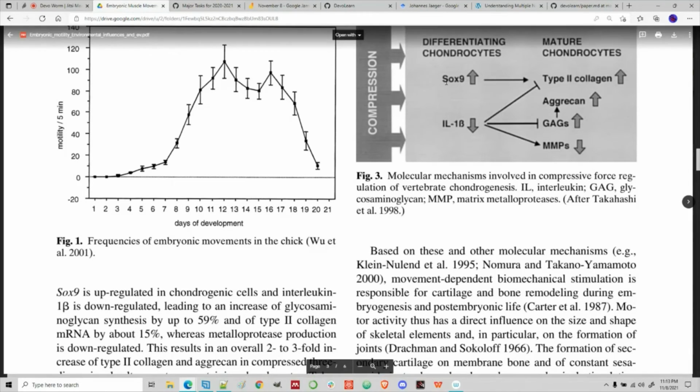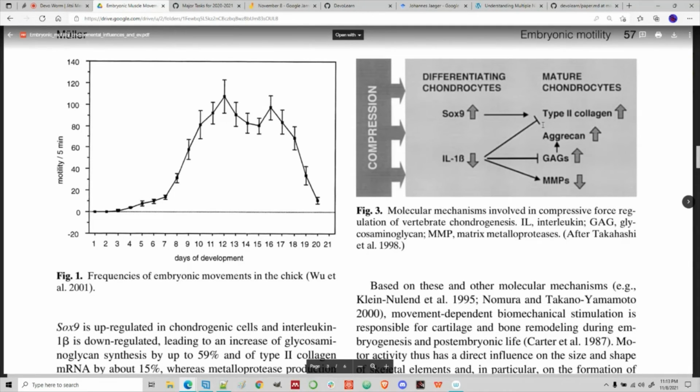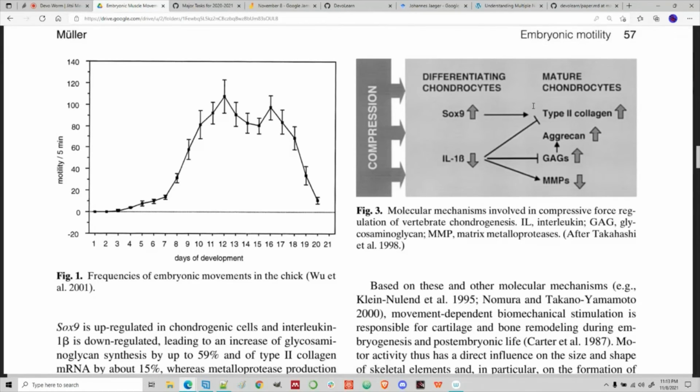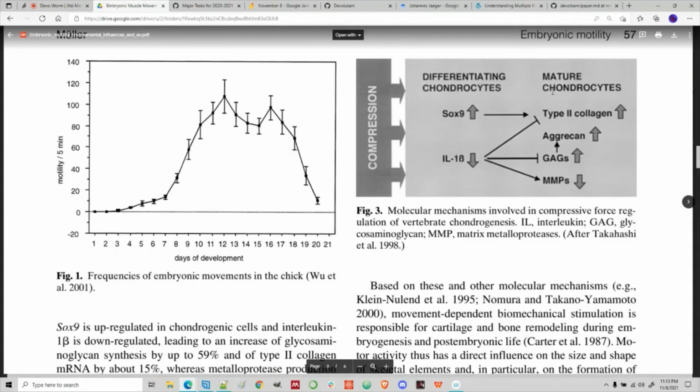And so this is a picture of molecular mechanisms driving this. This is driven at the morphological level, but it triggers a lot of these molecular mechanisms. And this is an example from chondrocytes, which is the formation of cartilage.